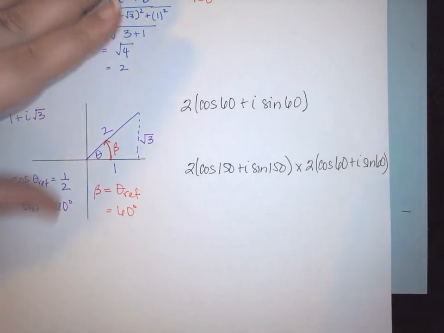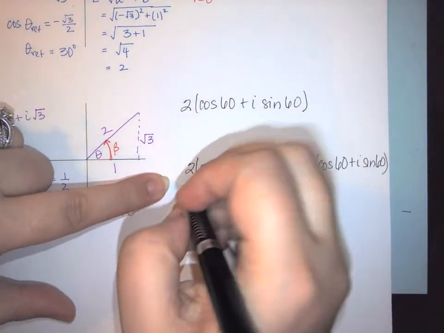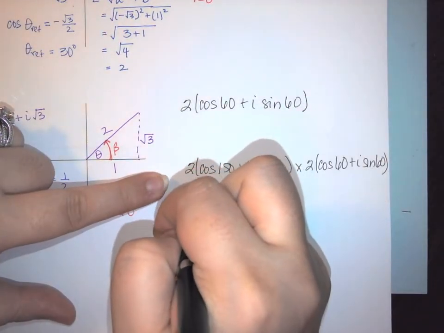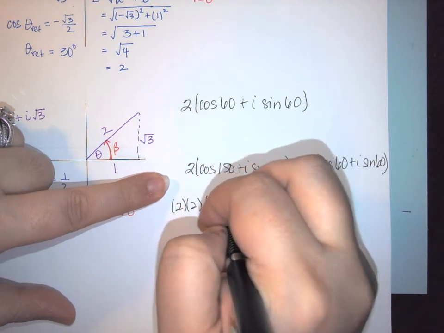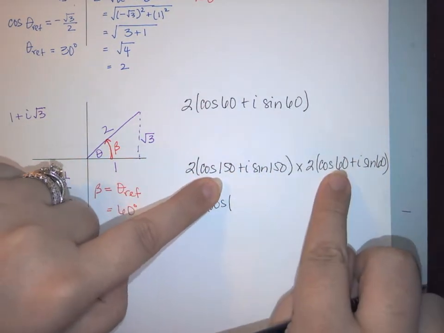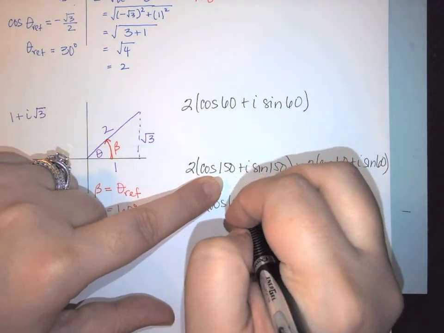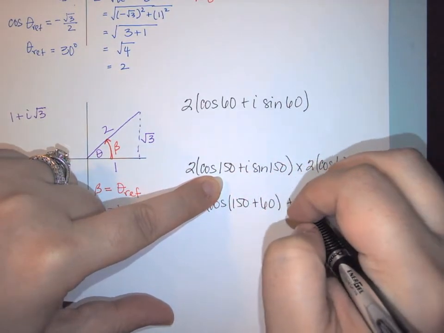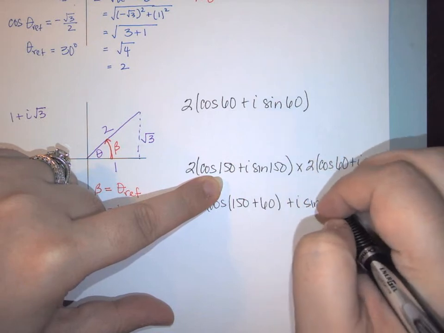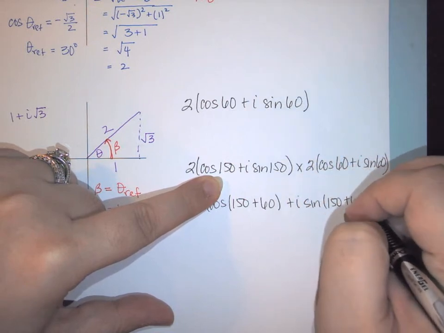Again, multiplication says multiply the two z terms, so this is going to be 2 times 2, and then this is going to be the cosine, and we're going to add the angles. So 150 plus 60 plus I sine of 150 plus 60.